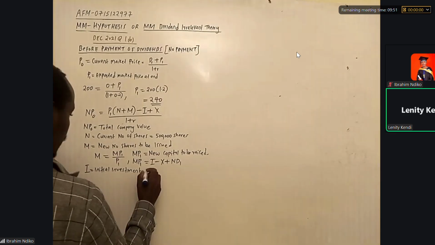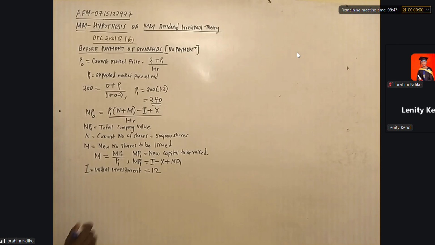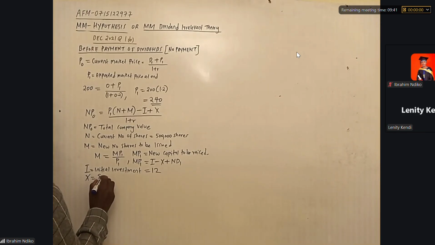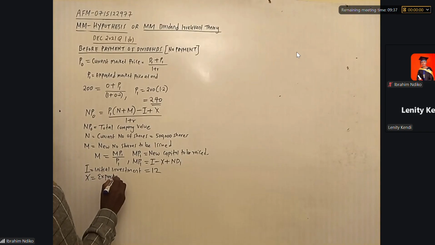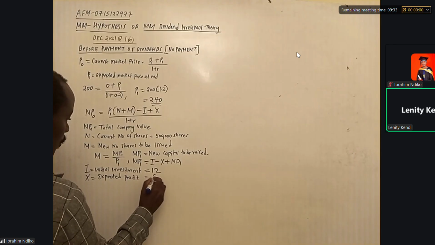So I is 12 million. X is our expected profit, which is 6 million.